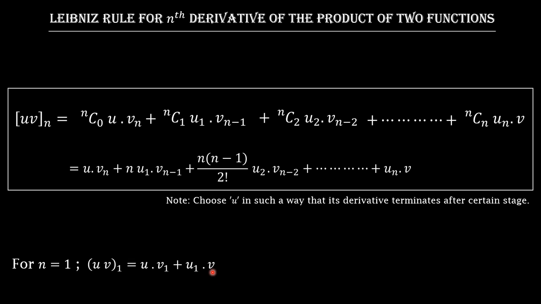This is what you have studied by the name product rule in your PU, isn't it? So I can say that the Leibniz rule for the nth derivative is a generalized rule to find the differentiation of the product of the two functions of higher order. Okay, so just make a note of it.